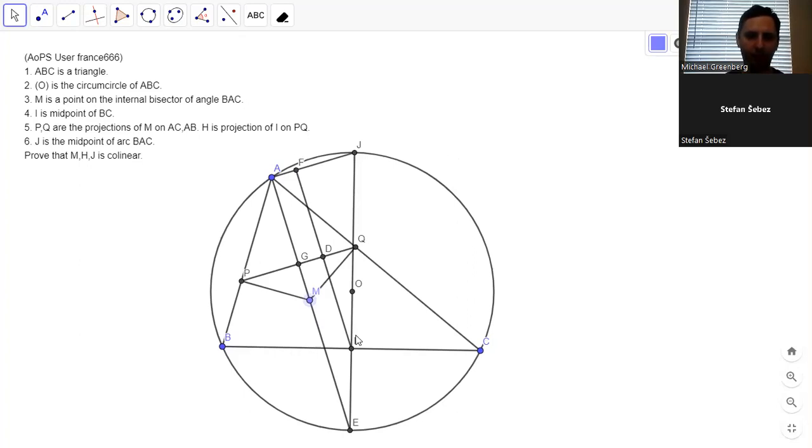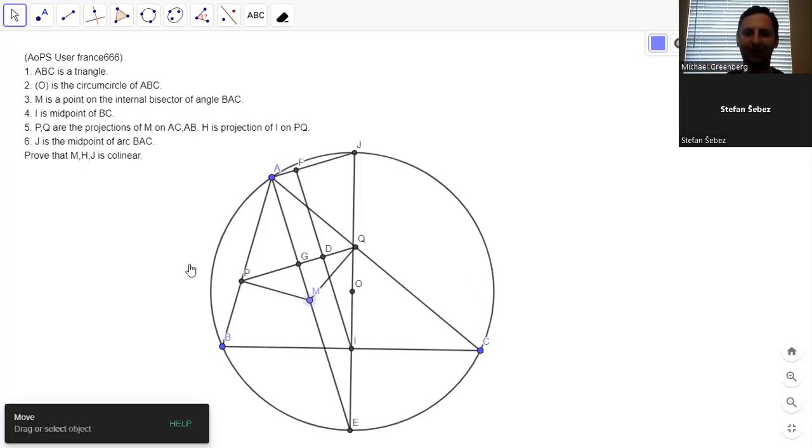So FJ over JI is AJ over JE. Actually, JF over JA is JI over JE. So we just have to show that JI over JE is AG over AM, I think. And that looks just like similar triangles. So yeah, I think that solves it pretty much.